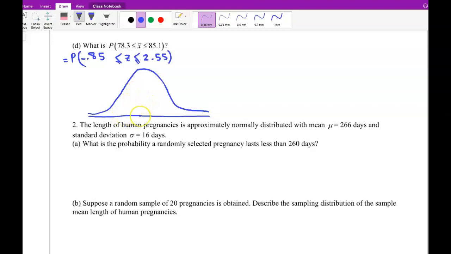Okay, so what we have here, if you remember, z is 0, and here is negative 0.85. And here we have 2.55.